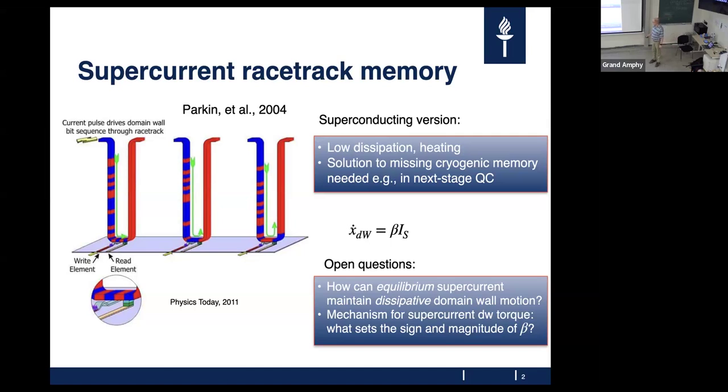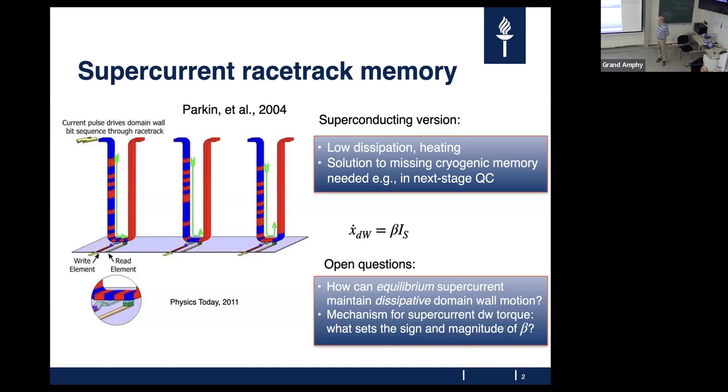There are lots of issues there, and I think one of the biggest ones is dissipation. You need quite large currents in order to move the domain. Recently, Stuart has also been working on a superconducting analog of this racetrack memory. His idea is that instead of using normal currents at low temperatures, you could use supercurrent, and then you would avoid this strong dissipation.